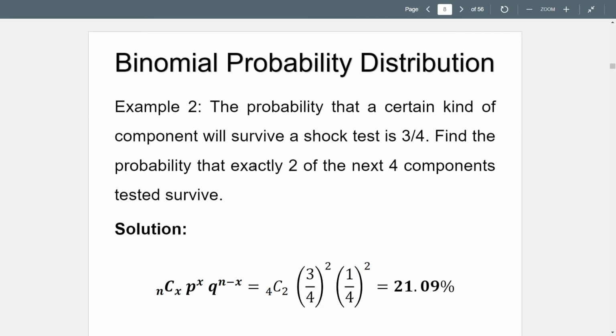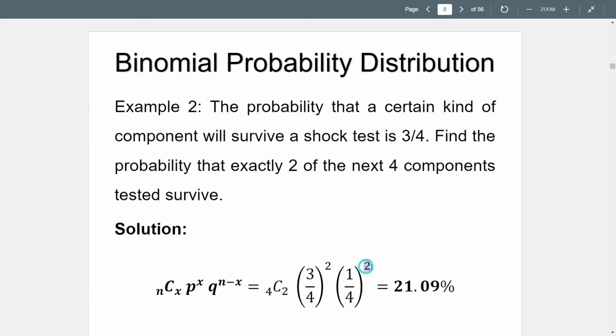Find the probability that exactly 2 of the next 4 components survive. So x is 2 and n, the number of trials, is 4. Using the formula, n is 4 and x is 2, the probability of success is 3/4, and q is the probability of failure, which is solved using 1 minus 3/4, giving us 1/4.